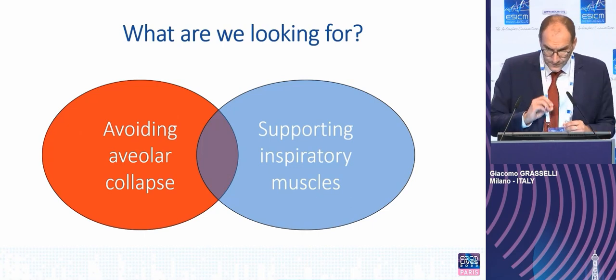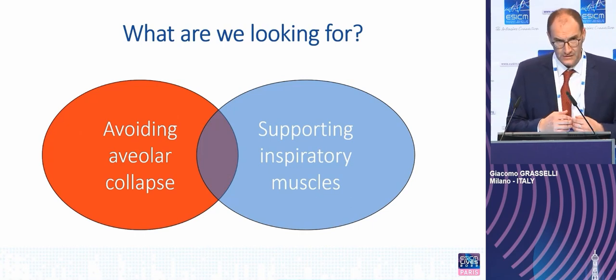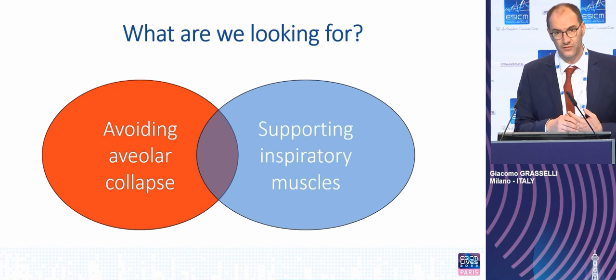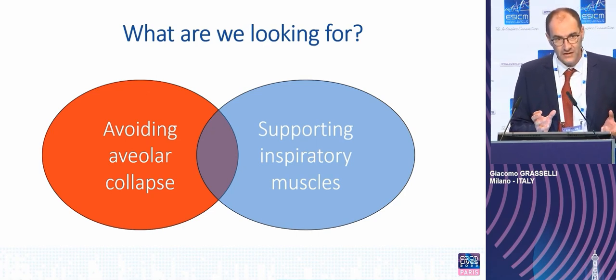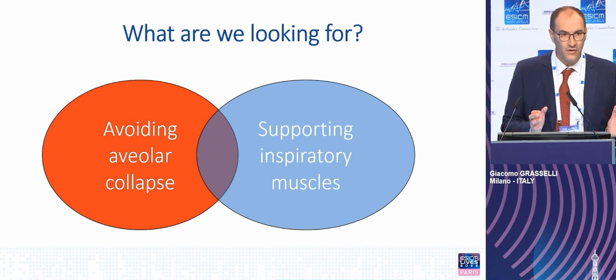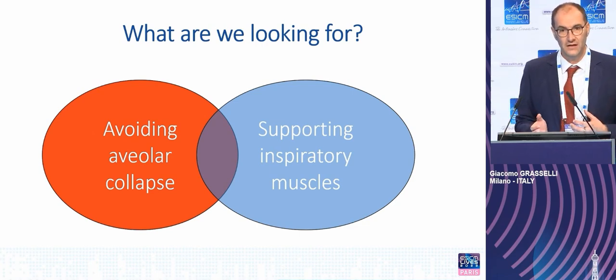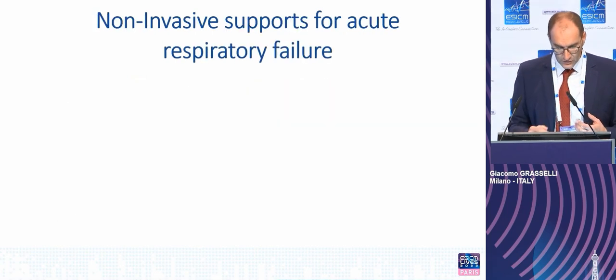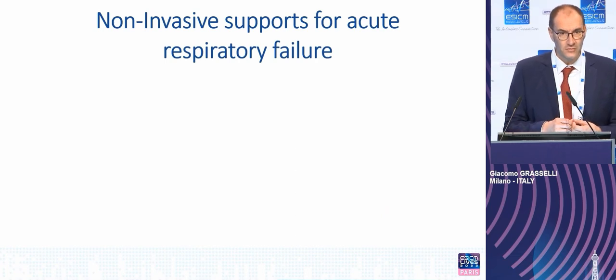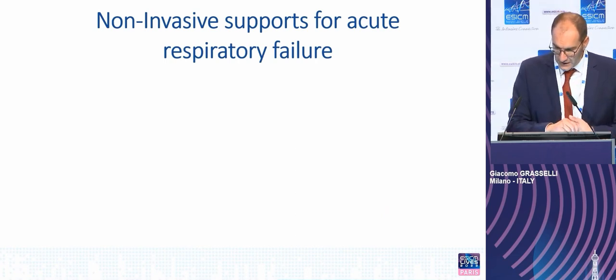And so when we start any form of support for a patient with respiratory failure, we want to achieve a couple of objectives. The first one is to avoid alveolar collapse, and the second one is to support the failing respiratory muscles. So when we go to non-invasive support, we have basically, I would say, two main scenarios.